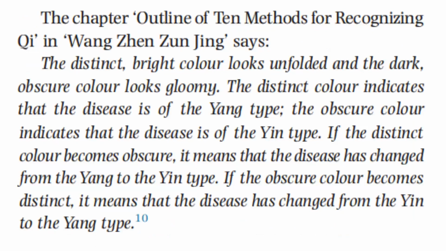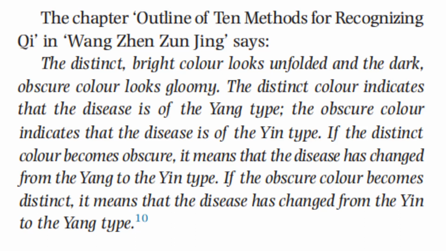The chapter outline of 10 methods for recognizing Qi says, the distinct bright color looks unfolded, and the dark obscure color looks gloomy. The distinct color indicates that the disease is of the yang type.